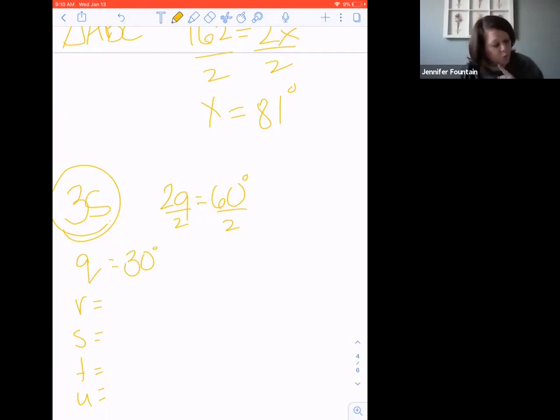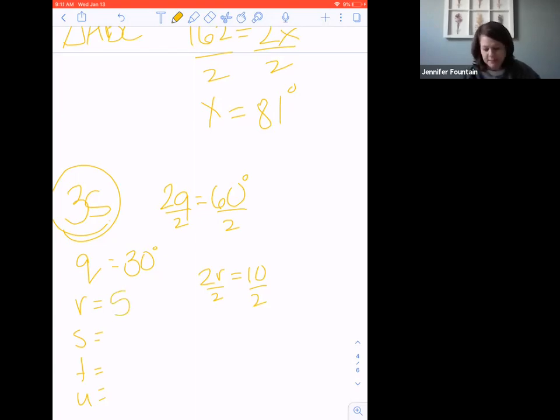So I'm having to look at my corresponding sides so I can see that for R, I have 2R in my equation, and 2R corresponds with the number 10. Let me move it over here. So it shows me that my side 2R is the same as my side that equals 10. Divide by 2. So R equals 5.